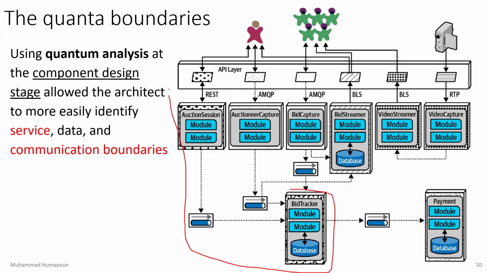This color tells us that this is just one quantum, physically close to each other wherever we deploy them. Similarly, based on that, you can combine some of these components together, like these two. These two are physically close to each other. And then these, this one is just one, this is one, this is one, and this is one, separately deployed.